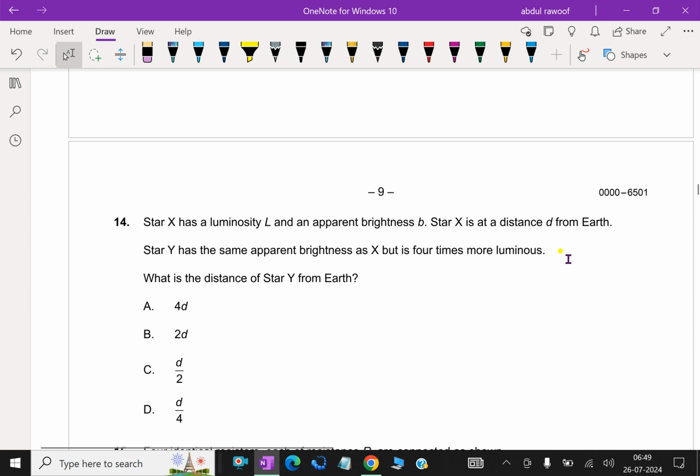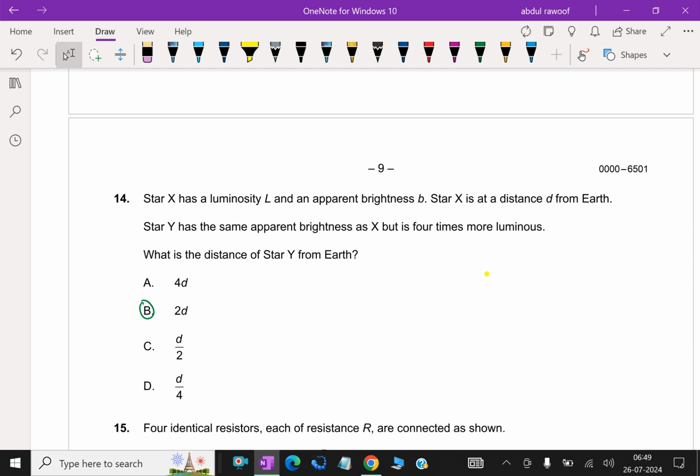That means 4 times means this distance is 2d. Therefore, luminosity is proportional to d squared.